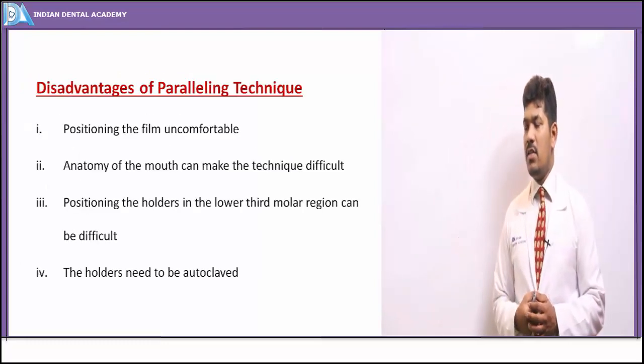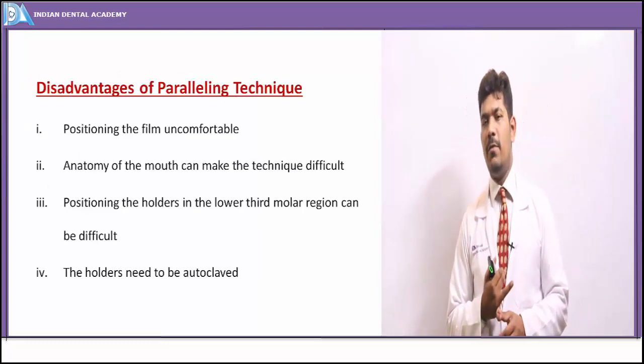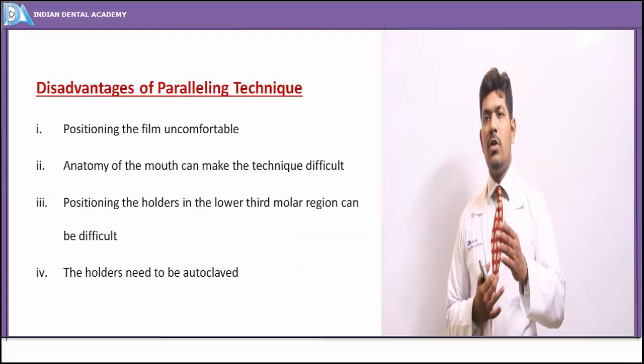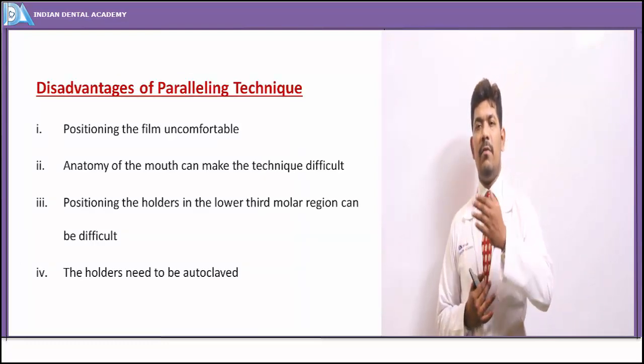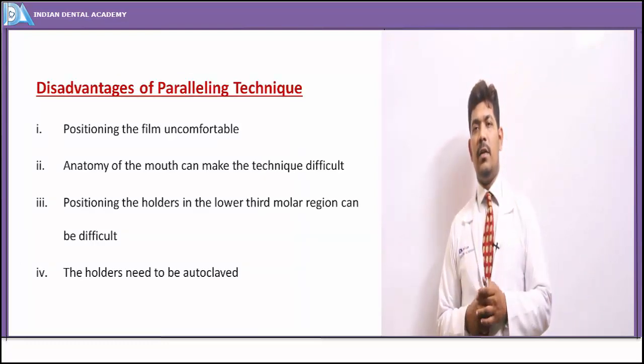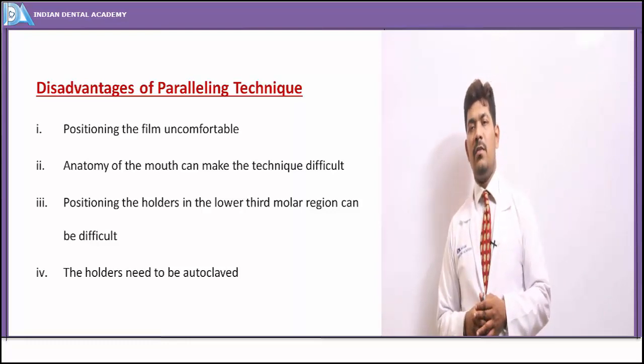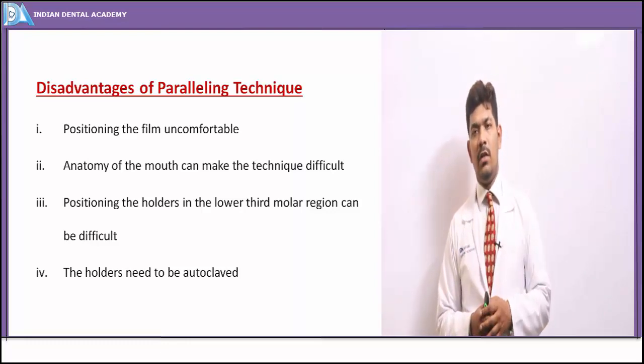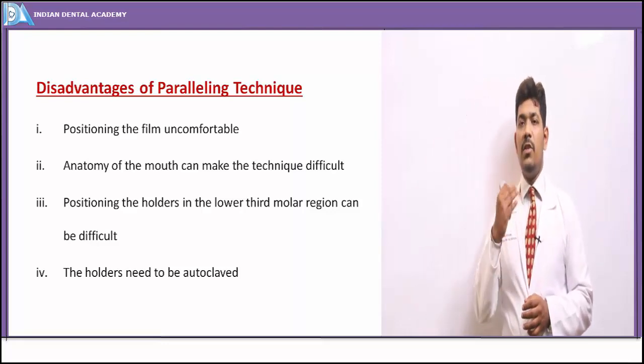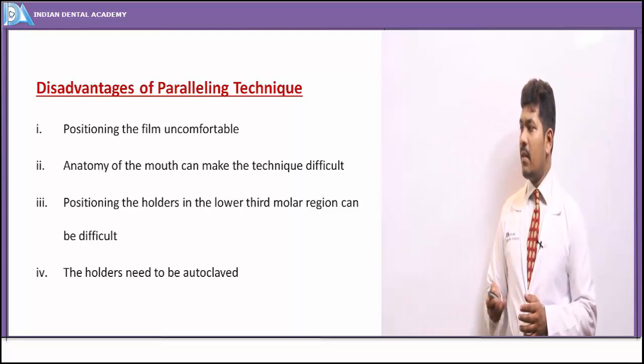The disadvantages: one is that positioning of the film is very difficult, because we have to place the X-ray receptor further away from the area of interest. We have to place it deep into the vault of the maxillary arch or the mandibular arch, so the positioning is much more difficult.